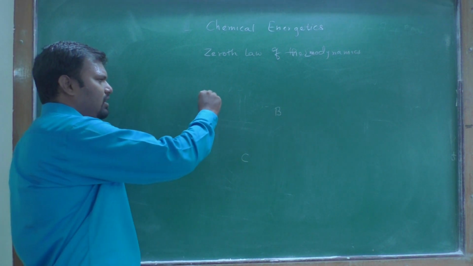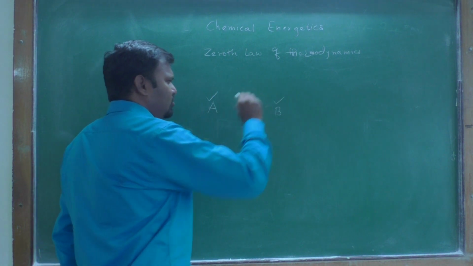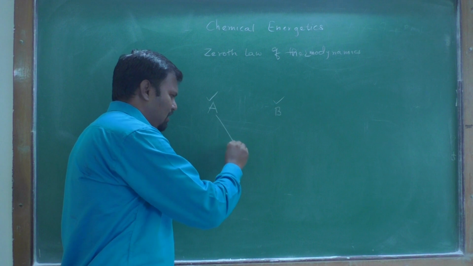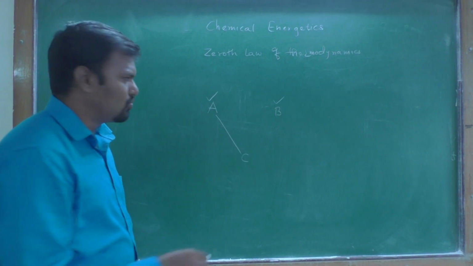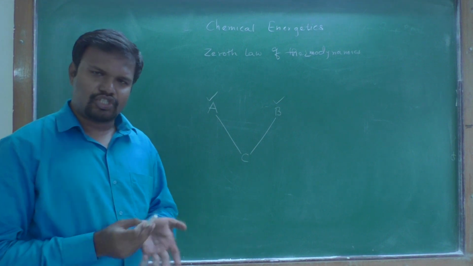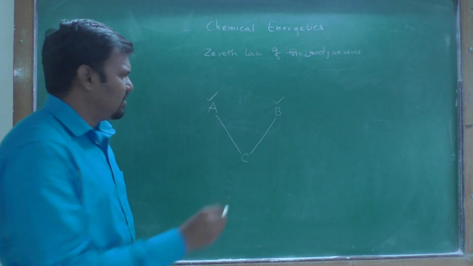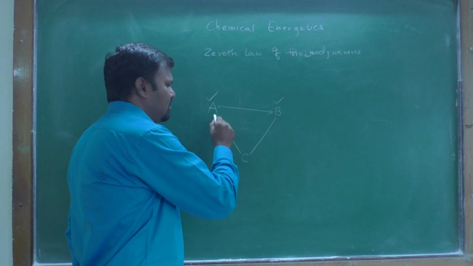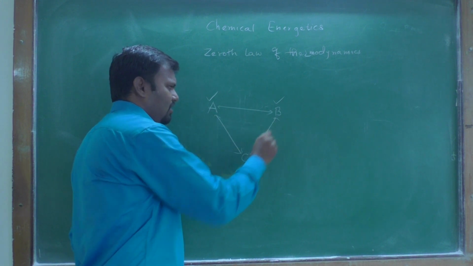Suppose system A and system B. System A is in thermal equilibrium with C. Also, system B is in thermal equilibrium with C. Then A and B are also in thermal equilibrium with each other.